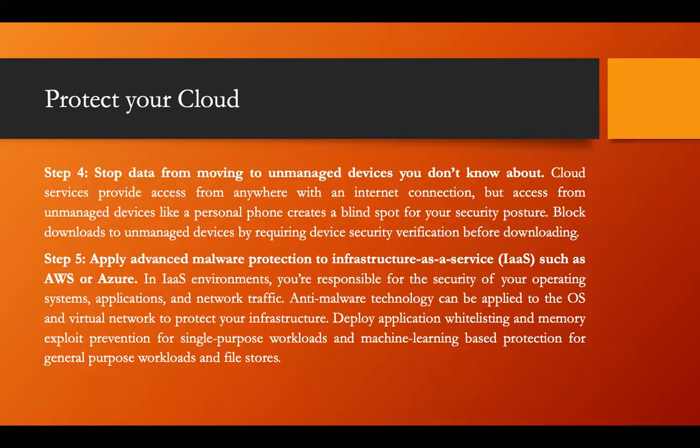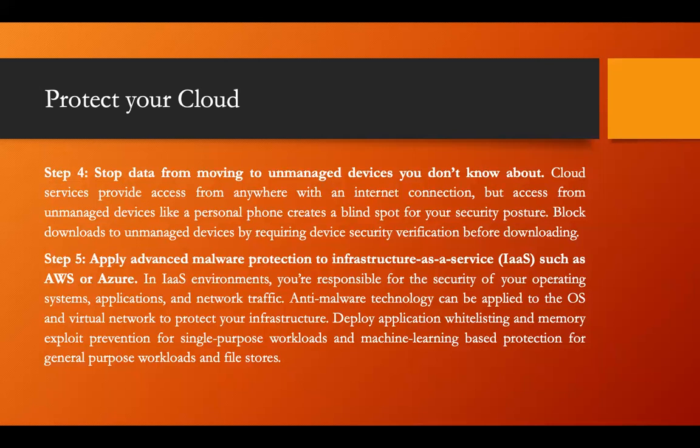Next step in protecting the cloud, we can do some advanced malware protection for infrastructure as a service like AWS and Azure. So we can apply different anti-malware software, and we can install them in our virtual infrastructure.